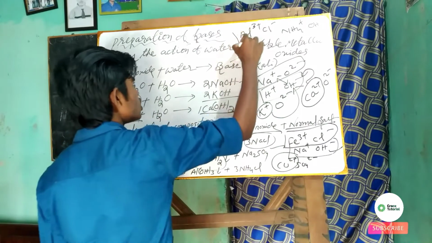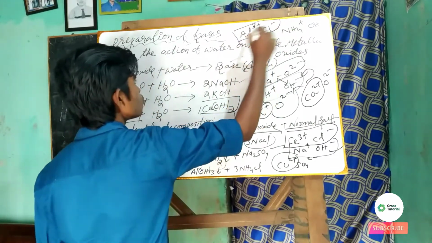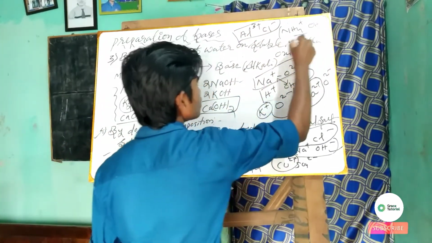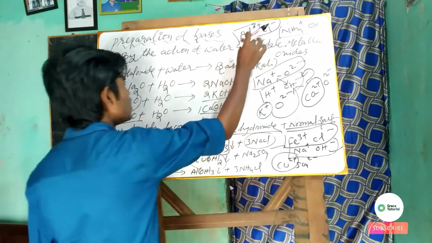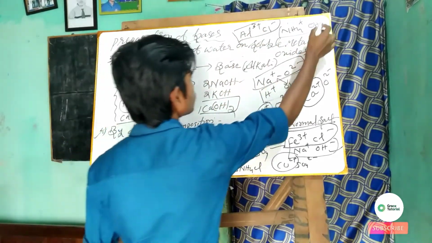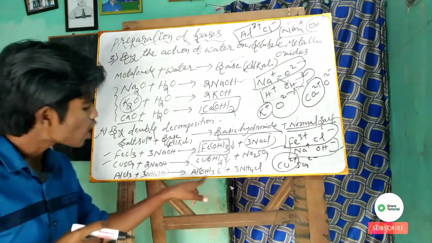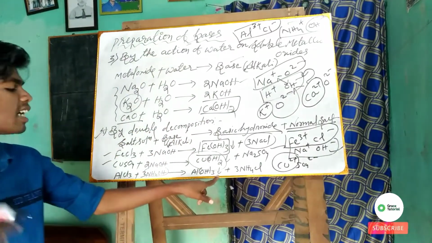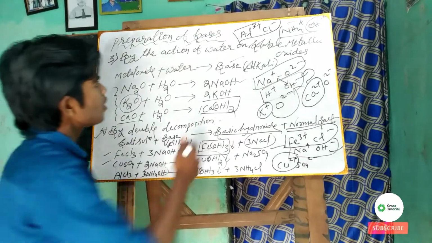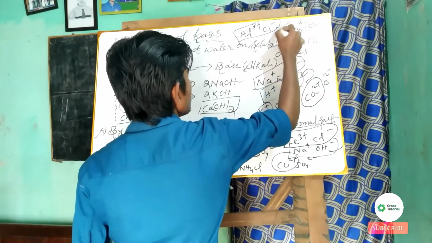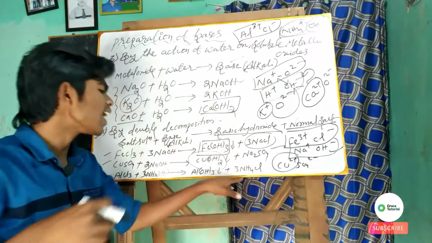That means the positively charged part of this compound will react with the negatively charged part of this compound. The Al3+ will react with the OH− ion to give Al(OH)3, that is aluminium hydroxide, which is basically a precipitate. And here NH4+ reacts with Cl− to form NH4Cl.